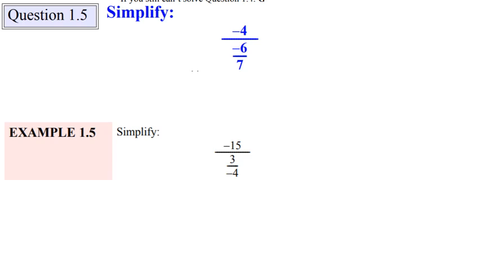Okay, here we have a negative being divided by a negative, so this is positive, so I'm going to write a little positive symbol here. So reading from top to bottom, I have 4 divided by 6 over 7. Notice the divided by symbol is pretty large, so it's going to be the biggest one.